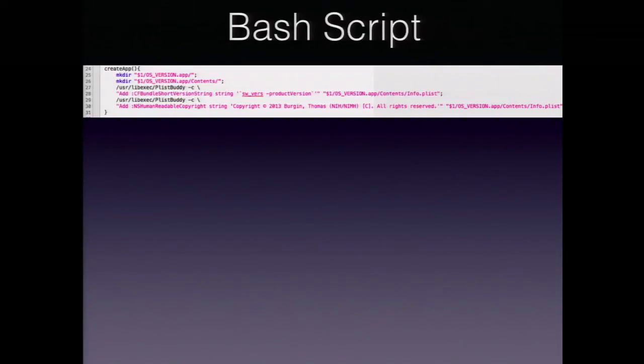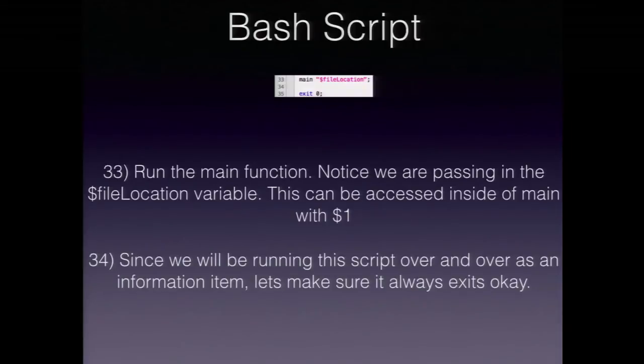And then it does the same thing we did earlier with go ahead and enter that CF short bundle version string, and then it adds just some more information just under the readable copyright if it wanted to put it there. So super simple. In the end, we actually have to run main. So like we said earlier, those functions don't actually run until you go ahead and call it.